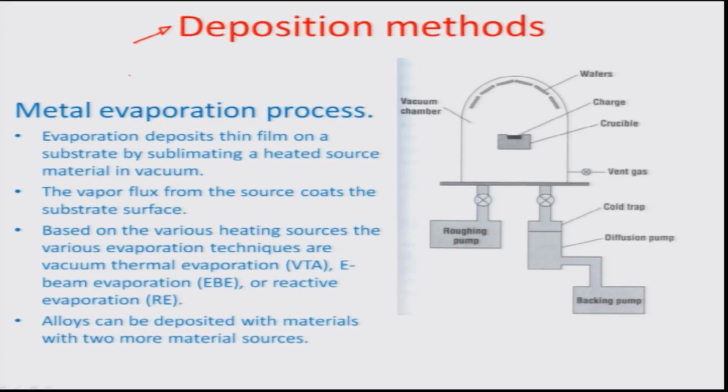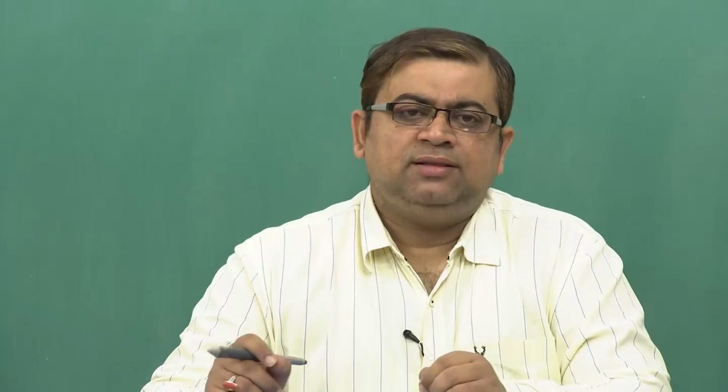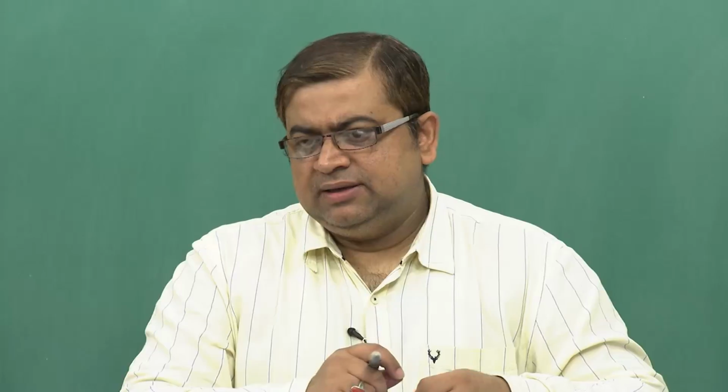And the first process which comes to mind when we talk about deposition methods is thermal evaporation. In thermal evaporation, typically done for different kinds of metals, the raw material used is a pure wire of the metal that you want to thermally evaporate, and this wire is bundled together.